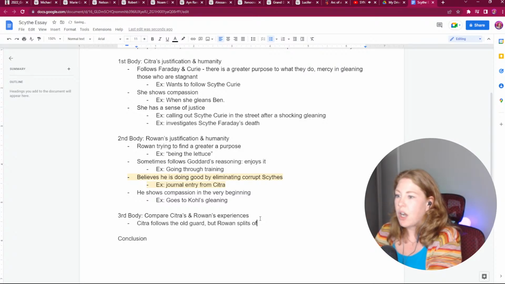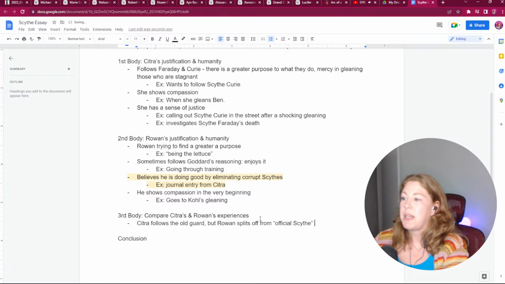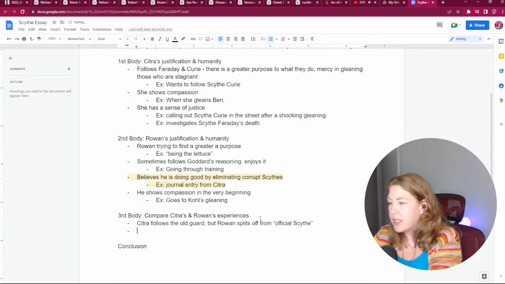I'd say splits off from official Scythes, because I mean, he is a Scythe. He's killing people, right? It's not necessarily a part of the rules. Okay, I'm just going to add that. And that's only, again, that example's only going to be given in Citra's journal.